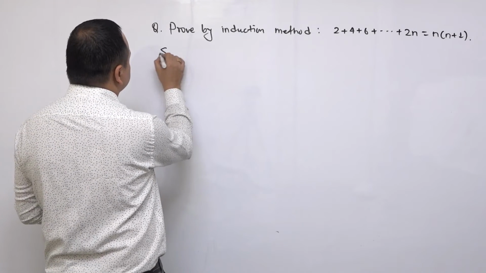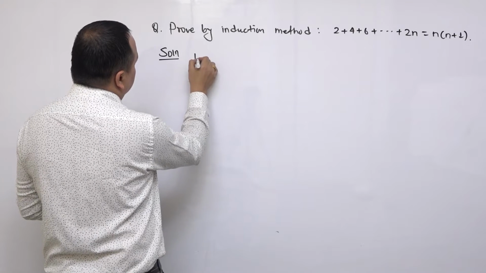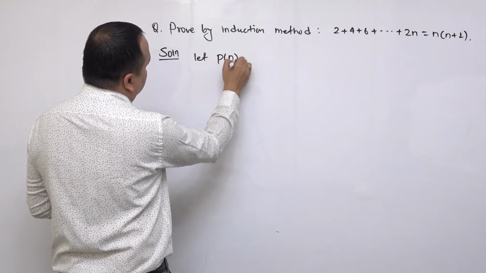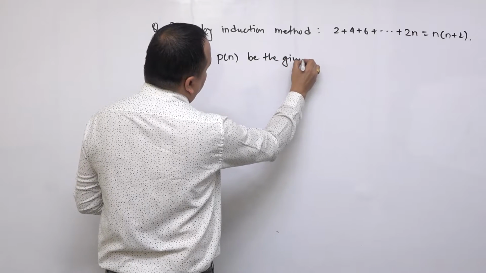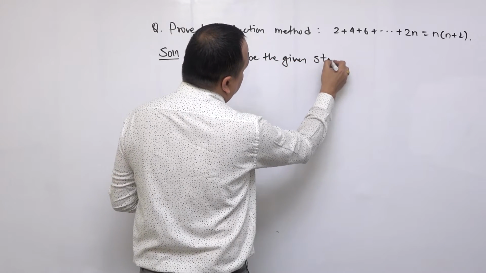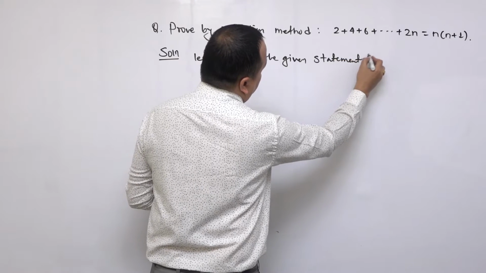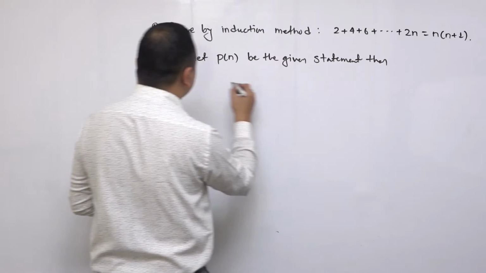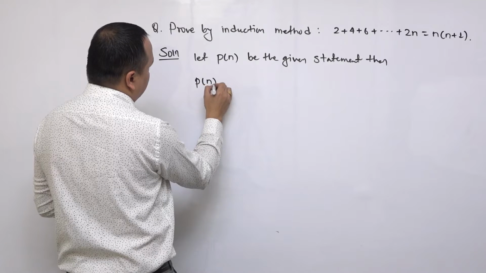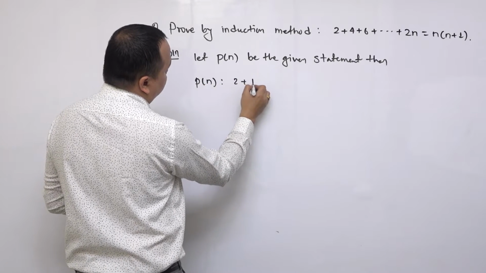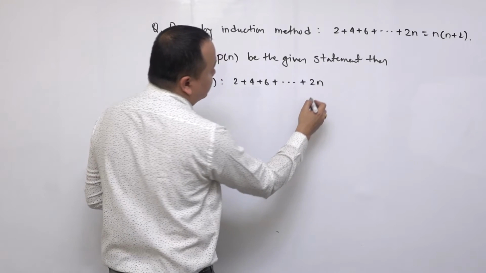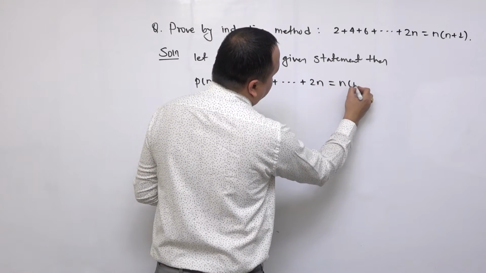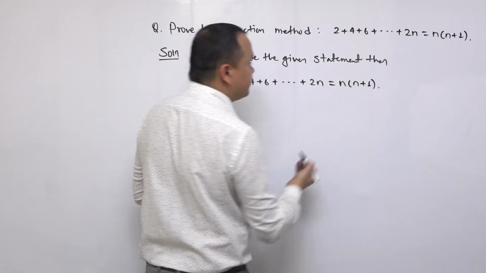Its solution. Let Pn be the given statement, then Pn such that 2 plus 4 plus 6 plus ... plus 2n is equal to n times n plus 1.